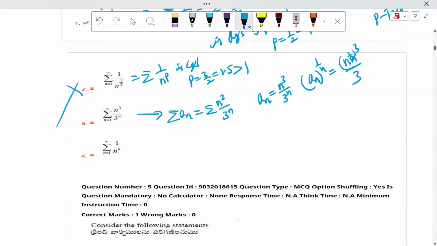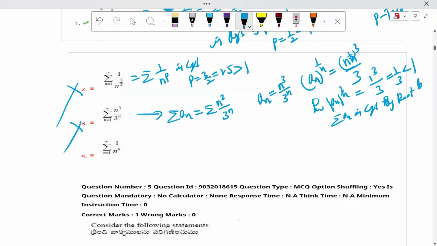Applying the limit, the limit of |an|^(1/n) is equal to 1^3 by 3, which is 1/3, less than 1. So it is convergent. Therefore, summation an is convergent by the root test. So this option is cancelled.